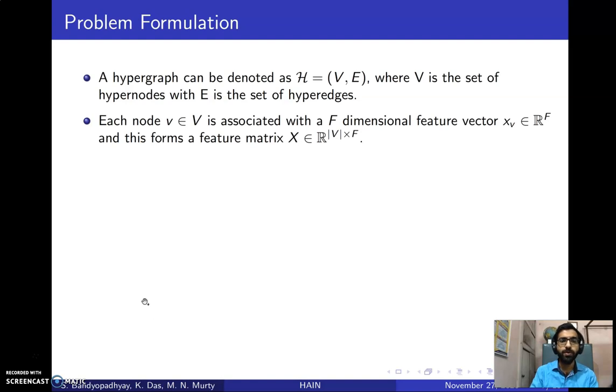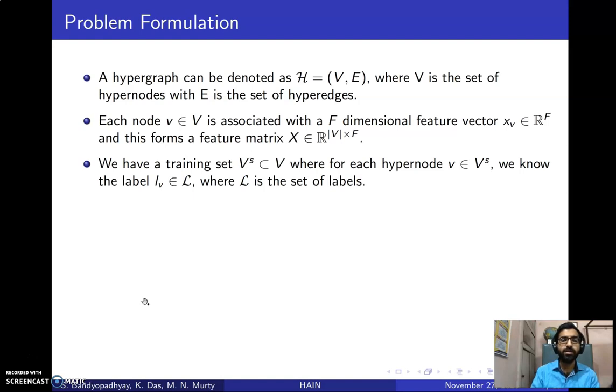Each hypernode v is associated with an f-dimensional feature vector x_v, and this forms a feature matrix capital X, which is of dimension |V| times f. So for example, if we consider a citation network where each hypernode is a research paper, this feature vector can be considered as the set of textual information present in each paper.